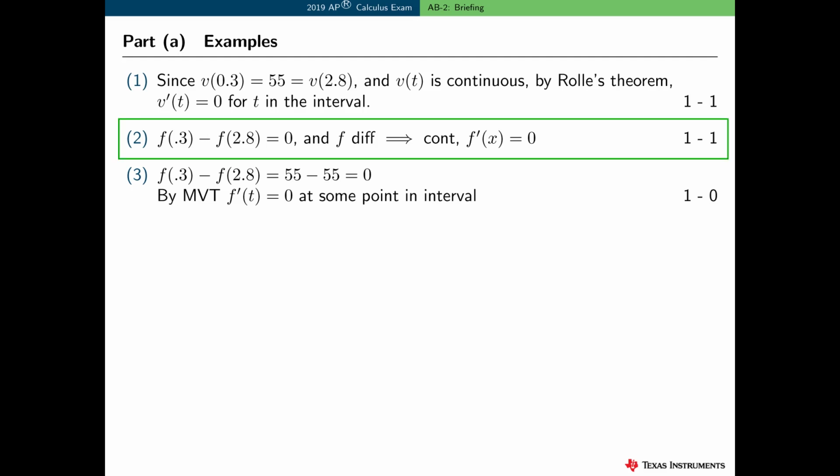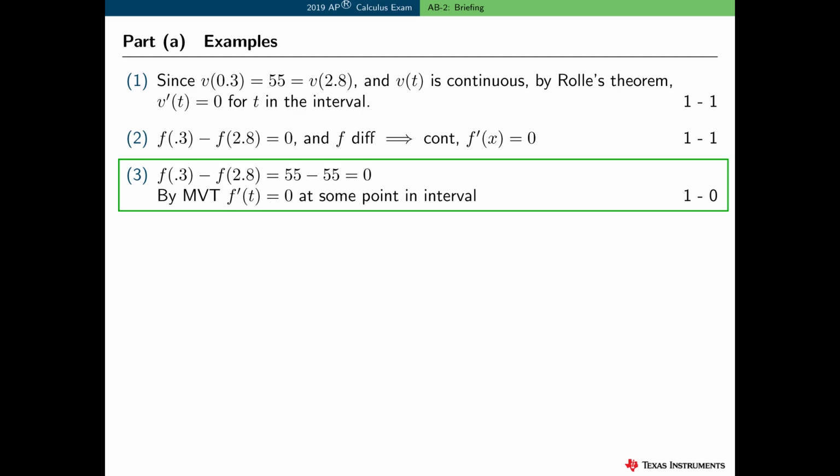Now, example 2 shows another misspelling, and it's pretty minimal, but it also earns both points. In example 3, the student has also misspelled v sub p, but sufficiently conveyed the equality. But they never said that f was continuous. So this earns 1-0 in Part A.